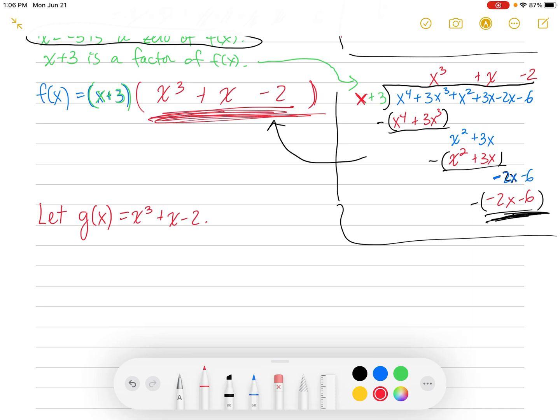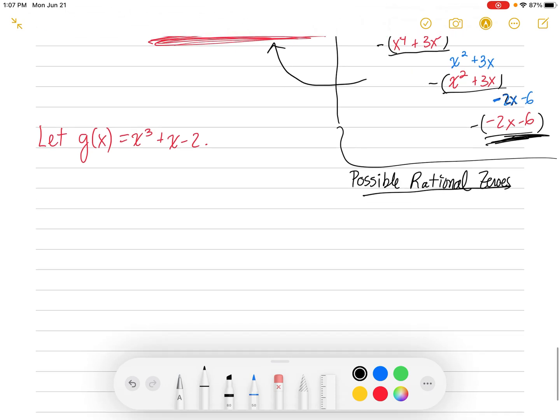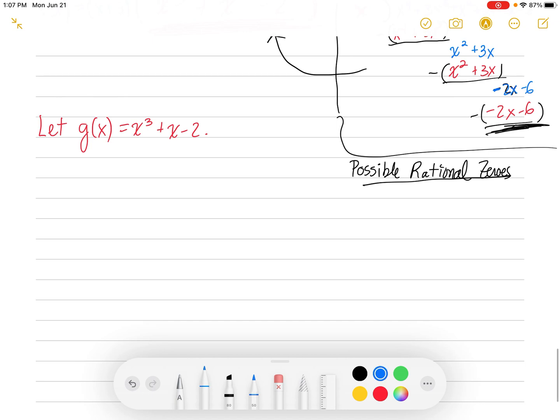So we're going to go back to our method, the rational roots, looking at the possible rational zeros of this new factor, this new polynomial. So here we have a minus 2 for my p.